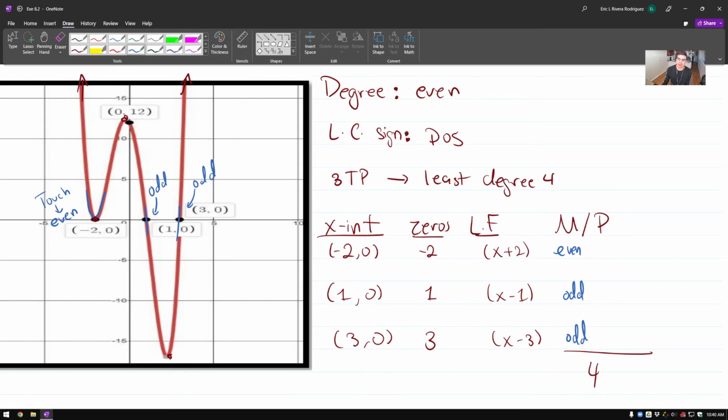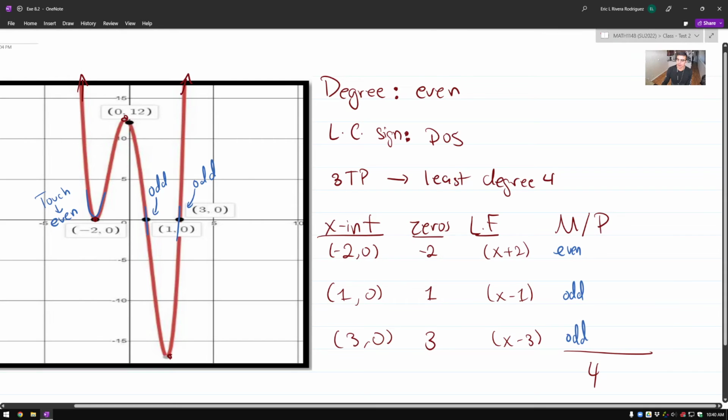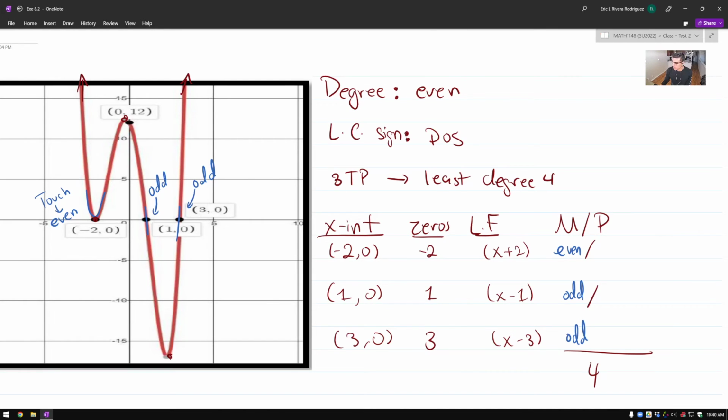What we need to do is to find values for the power of the exponent of each factor so that, when we add them together, we get a value of 4 because that's the degree, but also that makes sense with the category of the multiplicity. So what are those values? 2, 1, 1.